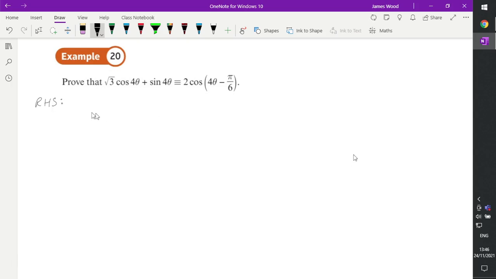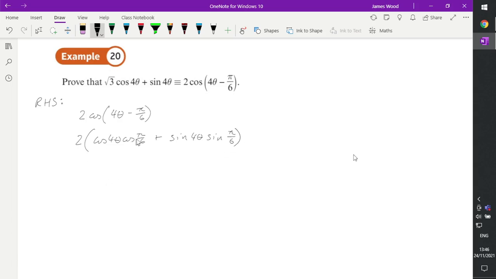So if I take the right-hand side, so I've got 2 cos (4 theta minus pi over 6). Let's expand it. So it's going to be 2 times (cos 4 theta cos pi over 6 plus sine 4 theta sine pi over 6).